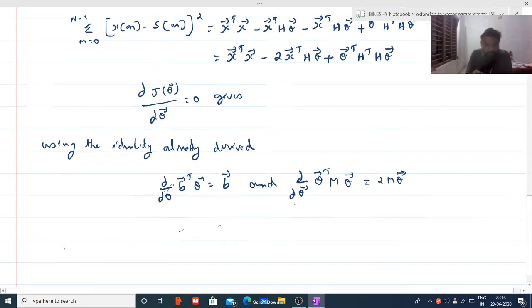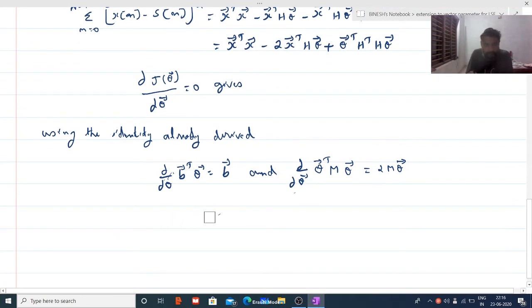So I can write sigma n equal to 0 to n minus 1 of x of n minus s of n square will be equal to x transpose, b transpose into theta will be b.